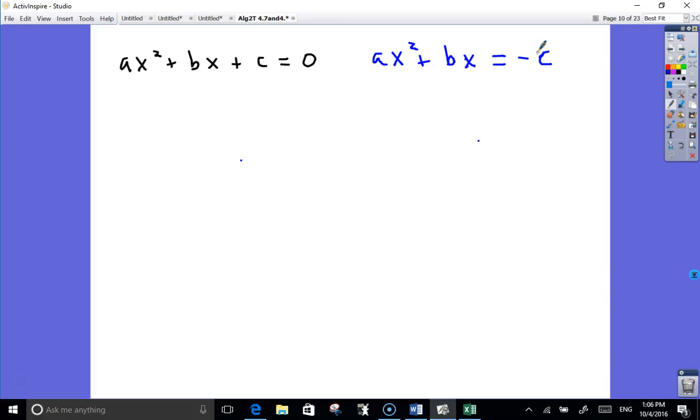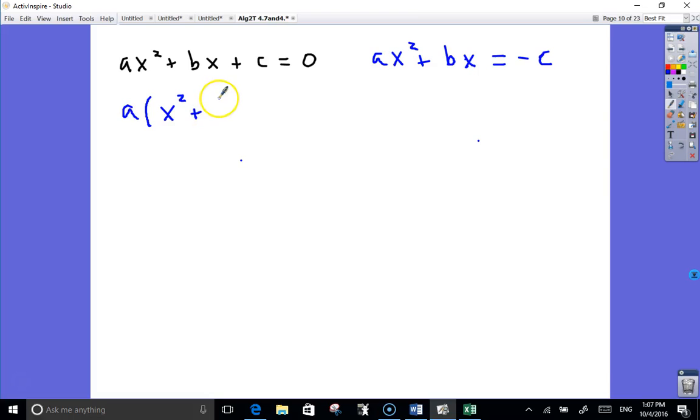Okay, now, like we did in that last problem, we have an a to deal with. It's not 1, it's a. So what did we do? We factor it from both terms. So that looks like this. Take an a out in front of parentheses, and you have x squared inside. What does the next term look like if you factor out an a? bx over a? Yeah, bx over a. Good job.